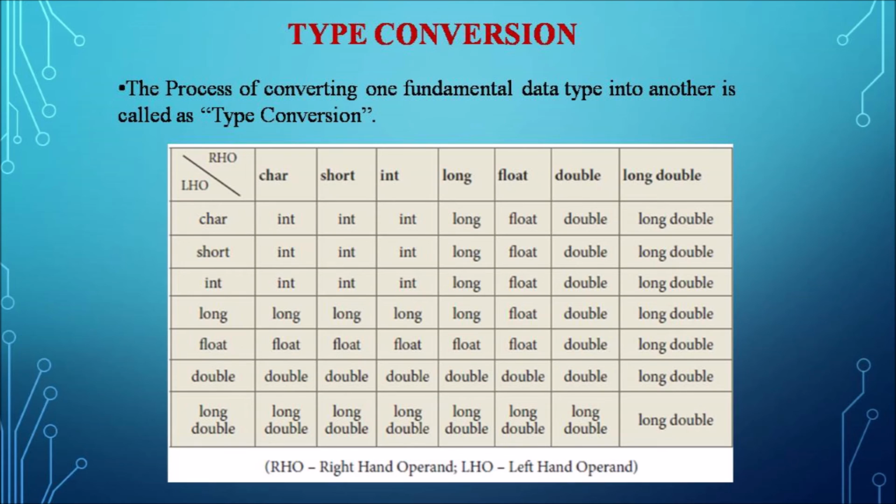In case two data types are combined, the data type which holds more memory space or more memory allocation will be considered as the resultant data type. So this is the small basic concept of type conversion.